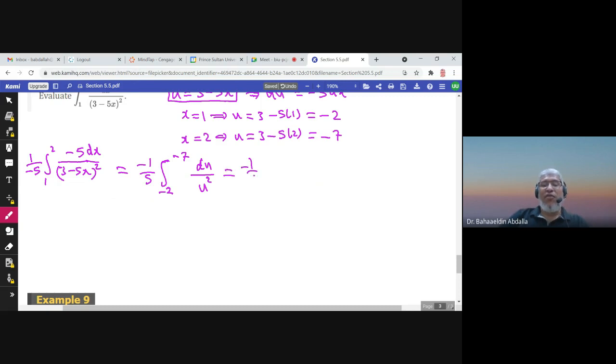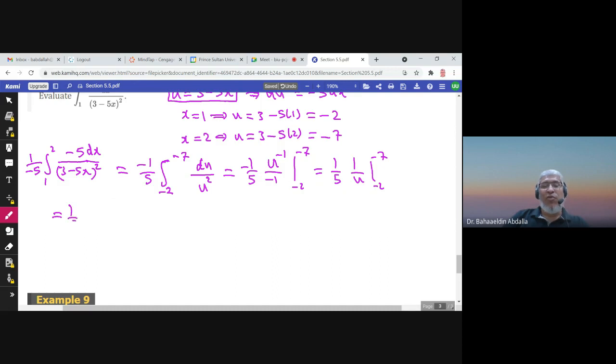So I have negative 1 over 5. What is the integral of 1 over u squared? You can write this as u to the power negative 2, and the integral would be u to the power negative 1 over negative 1, from negative 2 to negative 7. Negative 1 over 5 times negative 1 is 1 over 5, and I will write this as 1 over u from negative 2 to negative 7.